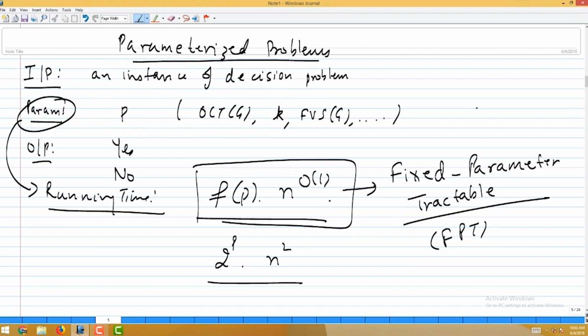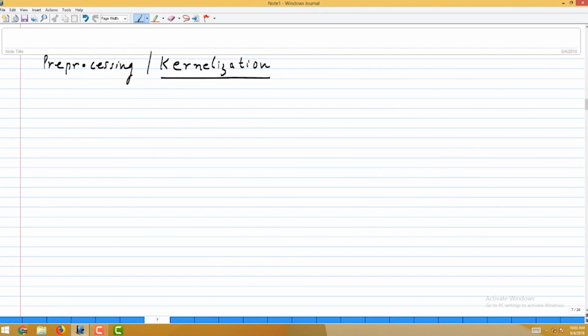Okay, coming back to kernelization. So what is pre-processing actually? For example, when you have a large set of data, you try to pre-process it in a way that you throw away some irrelevant data, irrelevant information that you have. Let us talk in this setting itself.